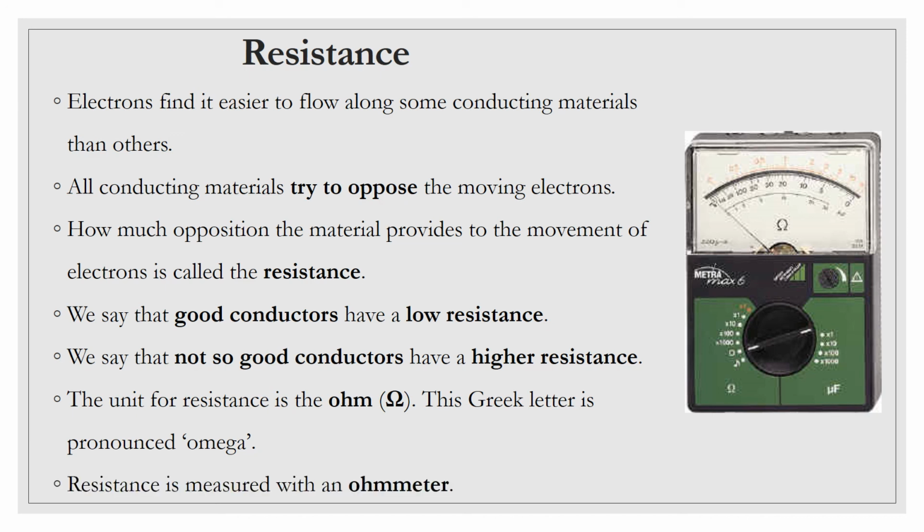So again, you have your definition, you have your unit, and you have your instrument for resistance. So pause this to take down these notes, re-watch the video if you're unsure, and your homework will be up on OneNote. Okay, so I'll put up more notes again in the coming days. Thanks, guys.